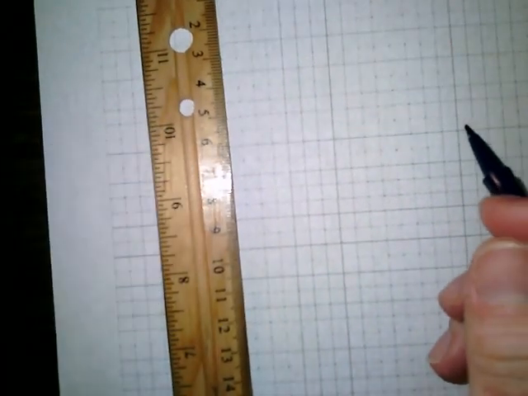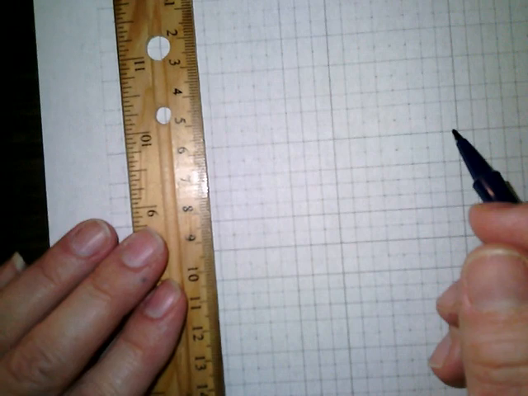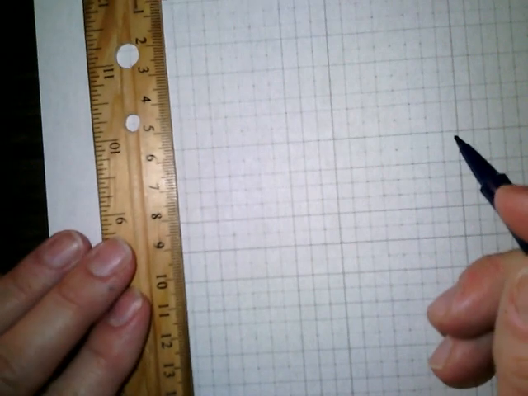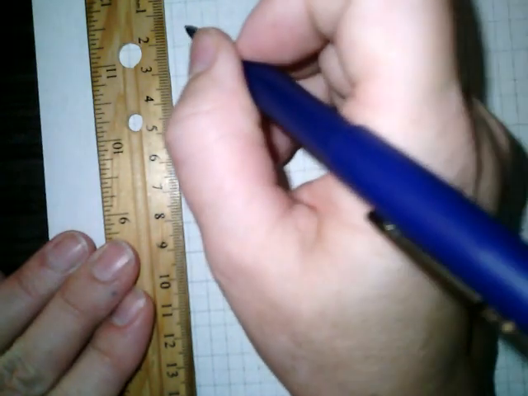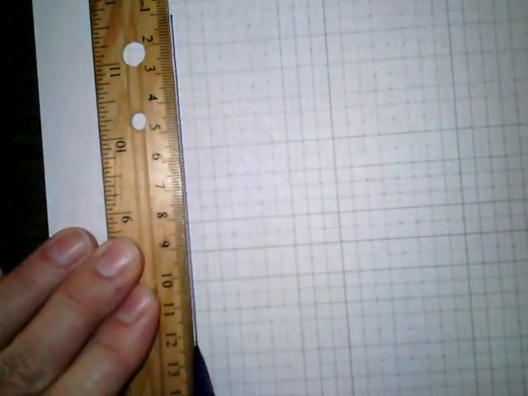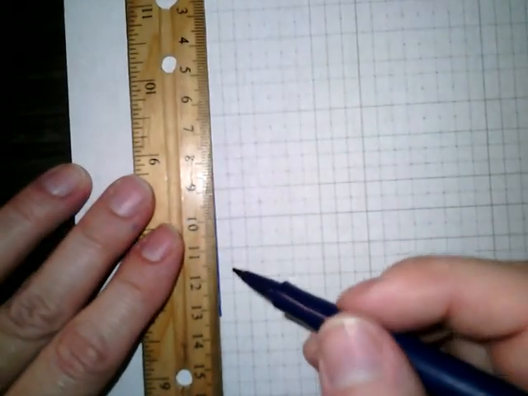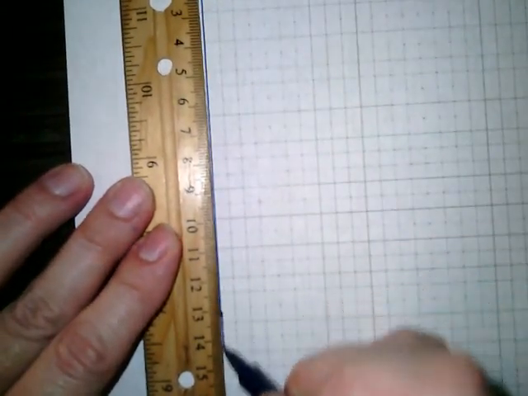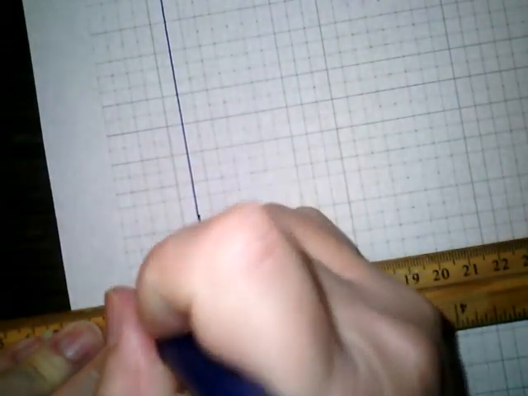If we have an even value of n, like y equals x squared, then we can let that power increase. Hang on, I want to draw pretty far over here. Maybe even further down. We're going to do some sketching here.